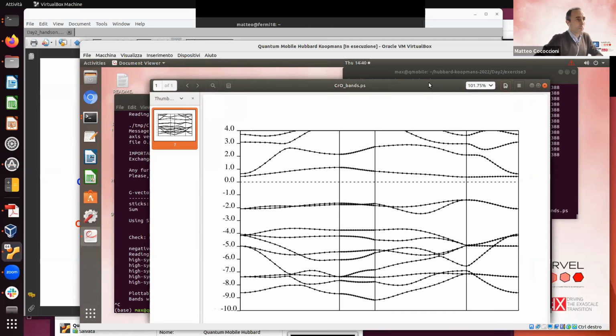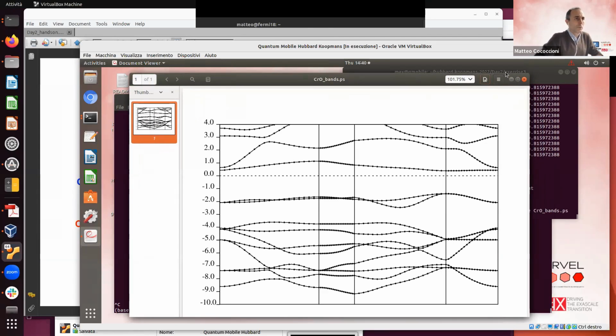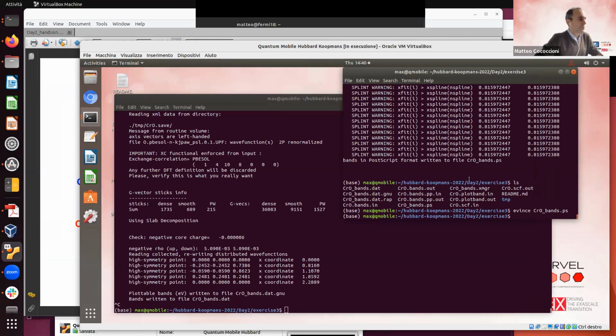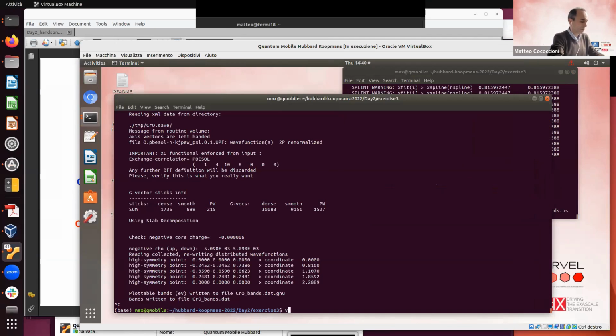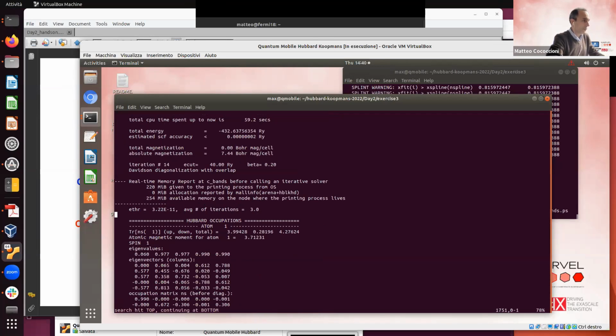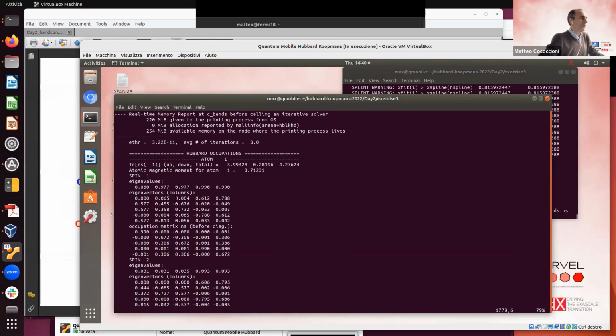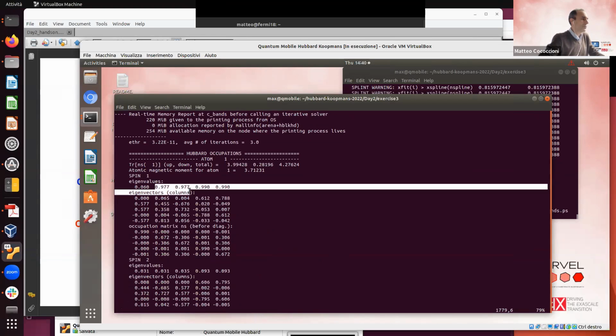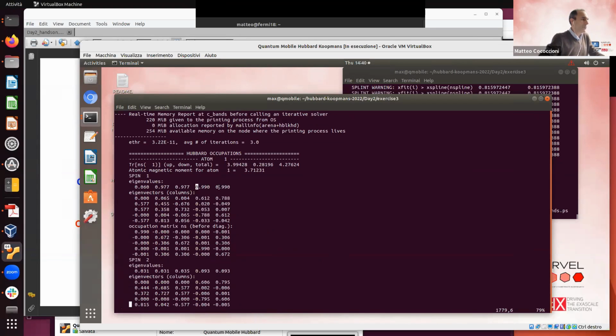This is just an example, and maybe you can try, but let me stress once more that if these are the occupations, you see exact degeneracy between these two and exact degeneracy between these two.